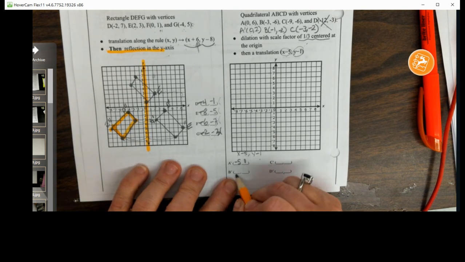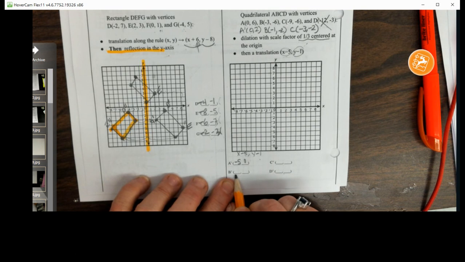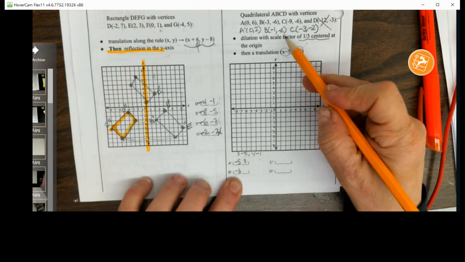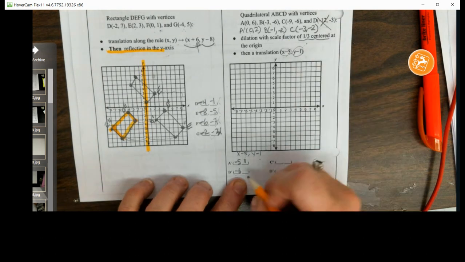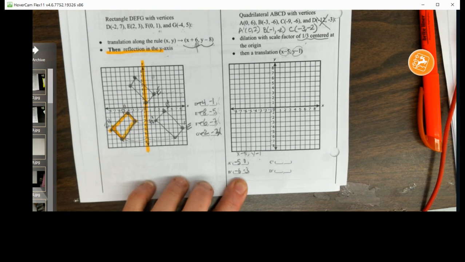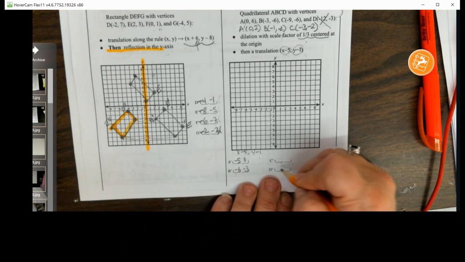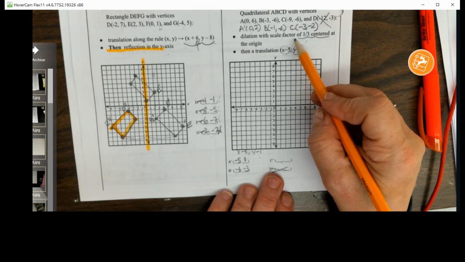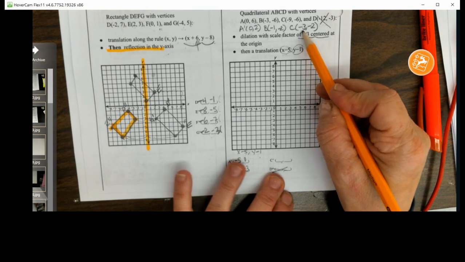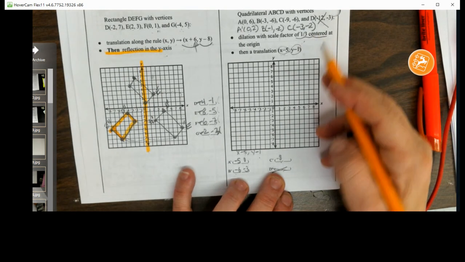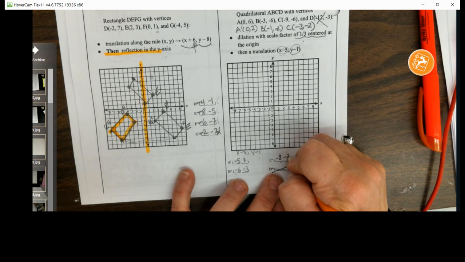My B becomes negative 1, negative 2, so it's negative 6, negative 3. Okay? And C prime, or we're not doing D, C prime becomes, we're subtracting 5, negative 8, and then we're subtracting 1, negative 3.